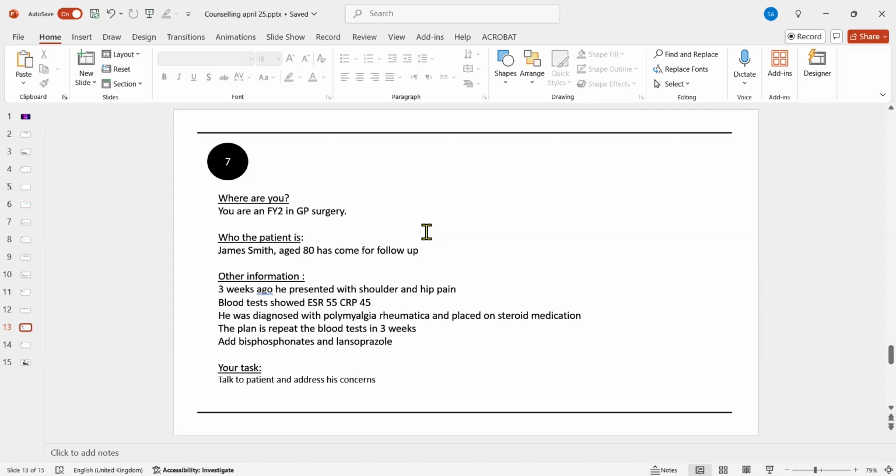Okay, I understand what you have been through. You have noticed improvement with the medication, and that's a good thing. You mentioned side effects, so could you please tell me what exactly you started to feel since starting that steroid medication?